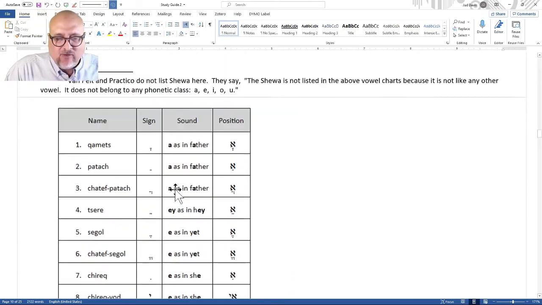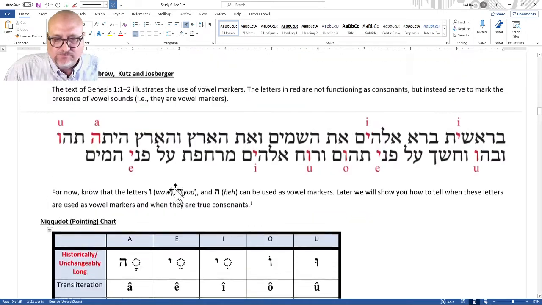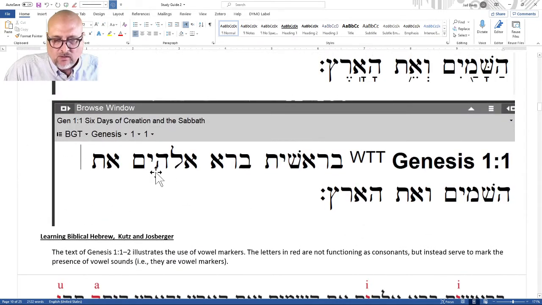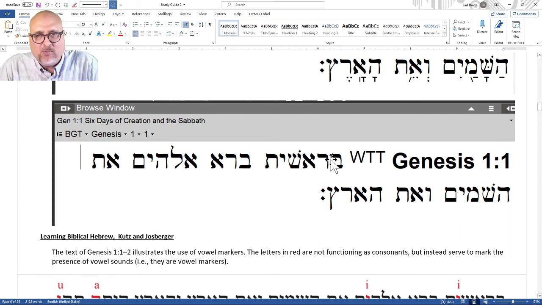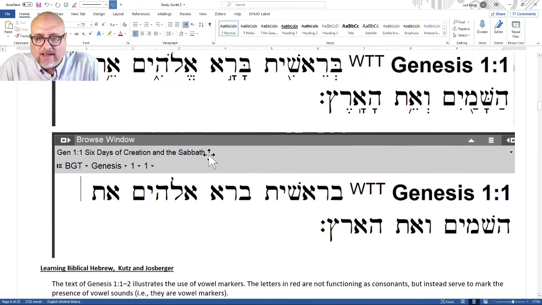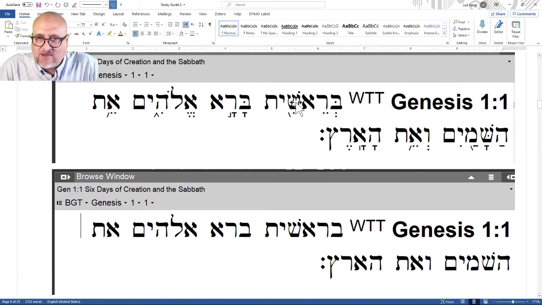That's what faced the scribes when they were writing it down like this. The scribes were afraid that people would lose the ability to pronounce these words rightly. So what they did is they came up with this system to give us hints at what vowels to supply.